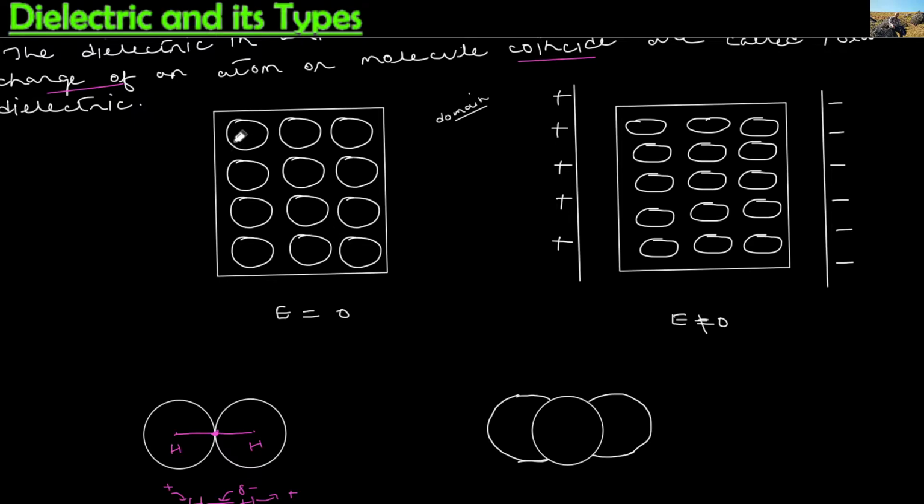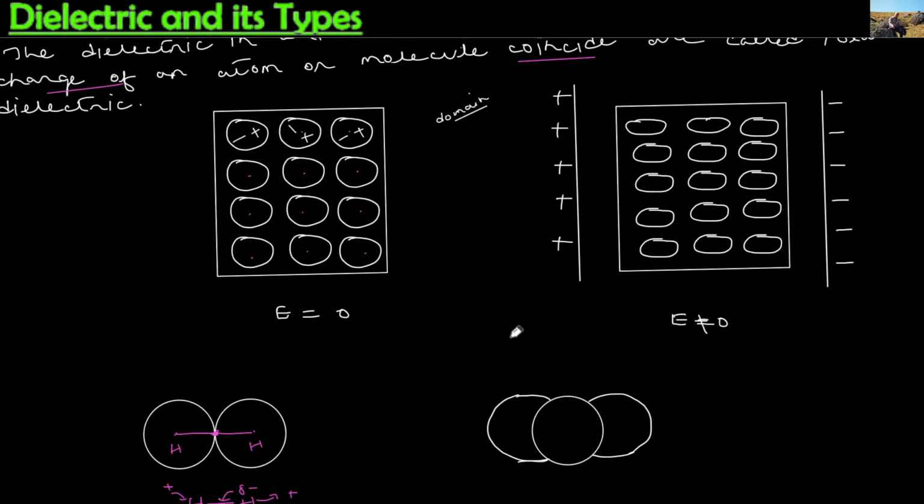If I draw a circle like this, the center will always be the same. This is the center of that sphere, this is the center of that domain. All of them will have the same center.